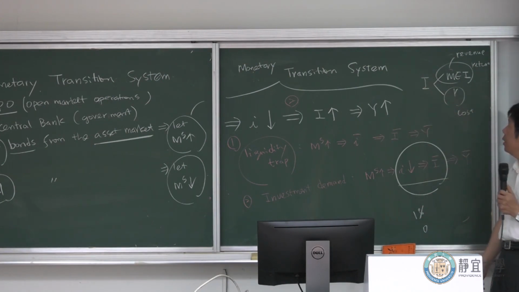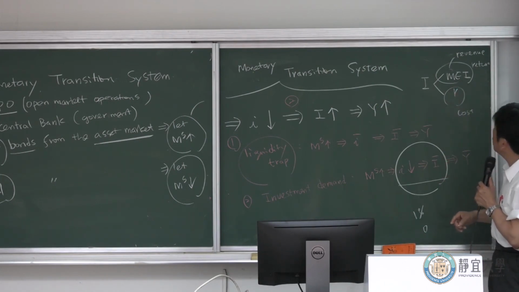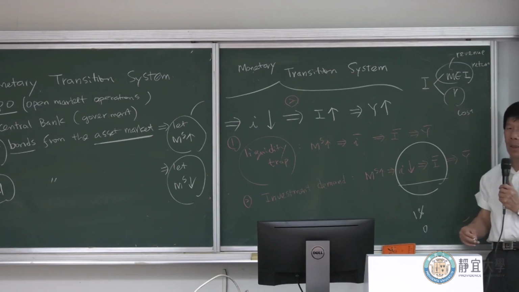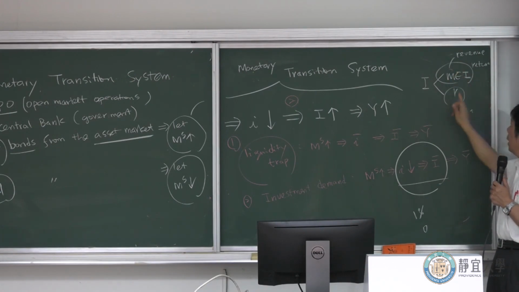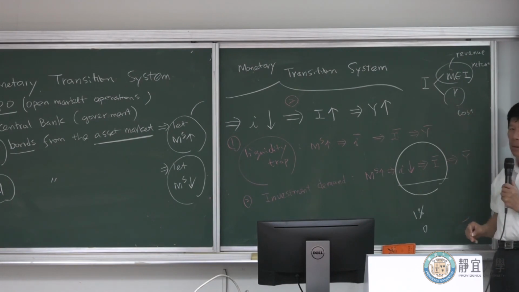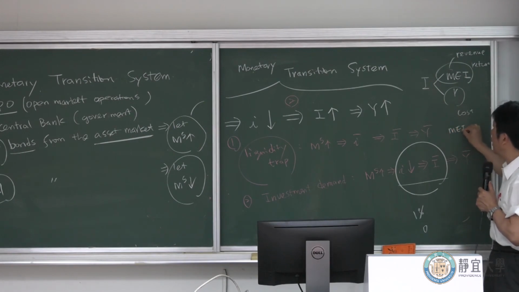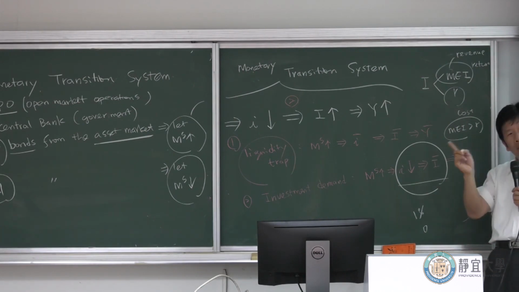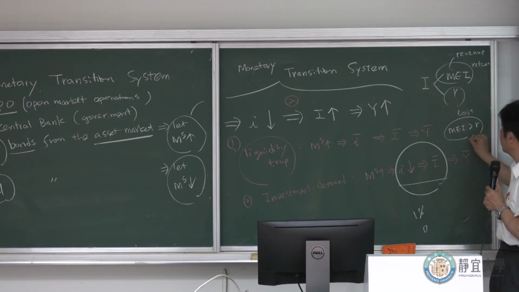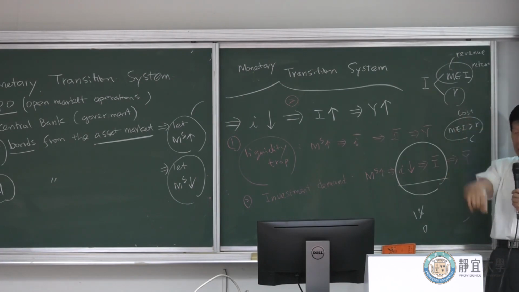It is the marginal efficiency of investment. It represents the value of your investment, and R is the interest rate, which represents cost. So if MEI is larger than R, then investment increases. If it is less, then investment decreases.